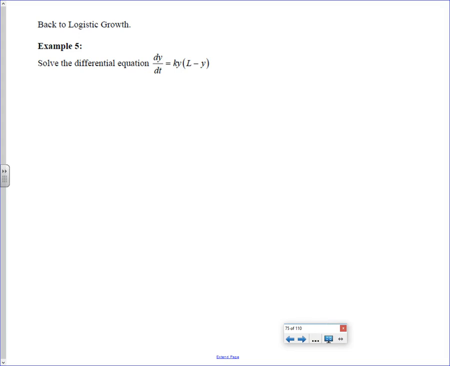If this is logistic growth, and if this is supposed to result in y equals f of t for some quantity, we're trying to separate the variables. So we're going to have k times dt on one side. But what's on the other side? Isn't k constant? So it could have gone, but usually we try to leave everything on the x side as possible.